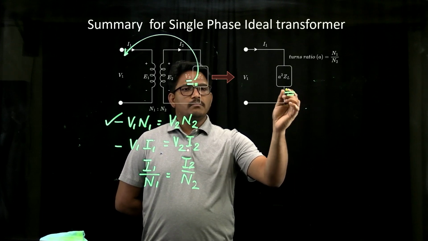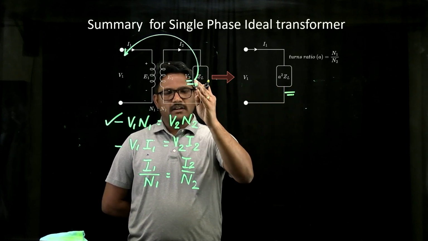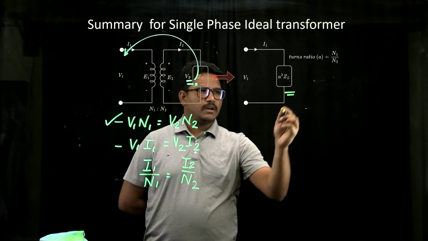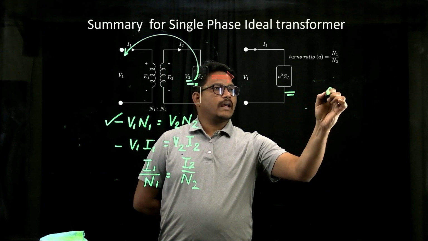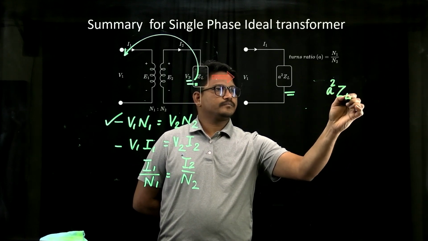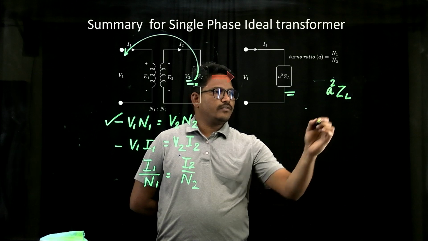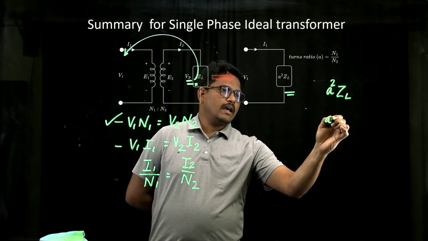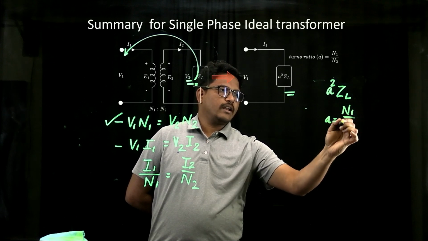That is, your impedance ZL on the secondary side of the transformer, when it is referred to the primary side of the transformer, it will become A square times of ZL.